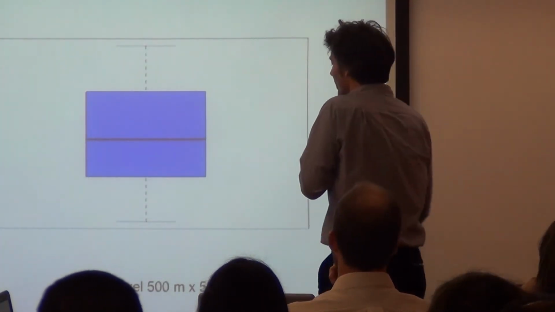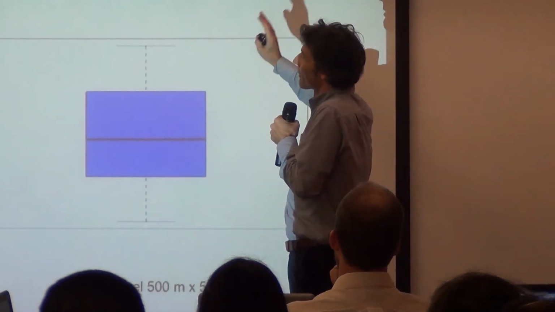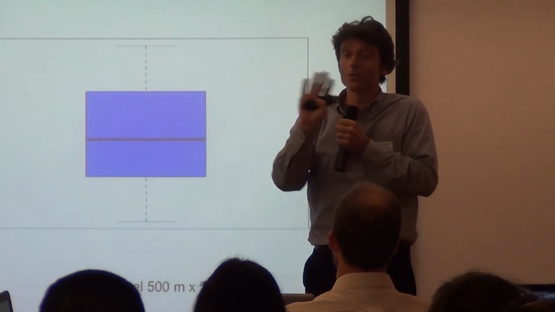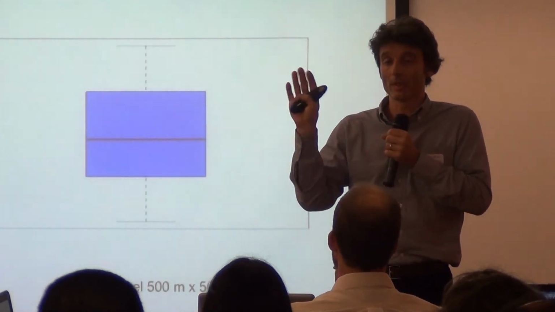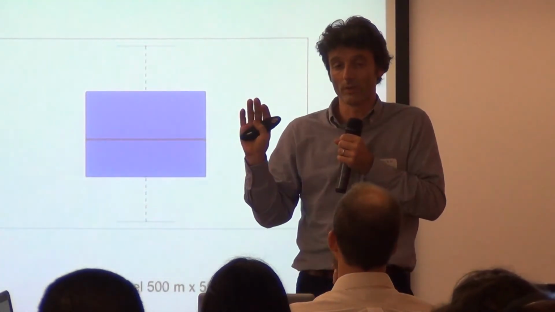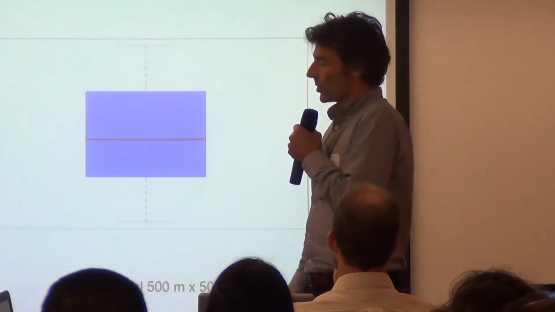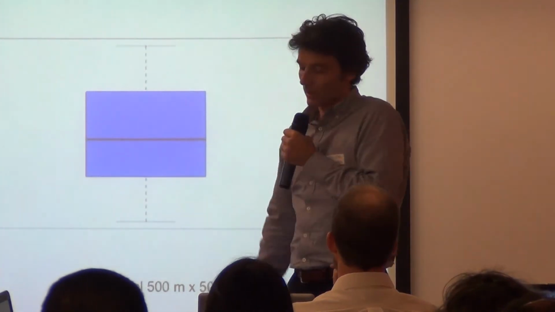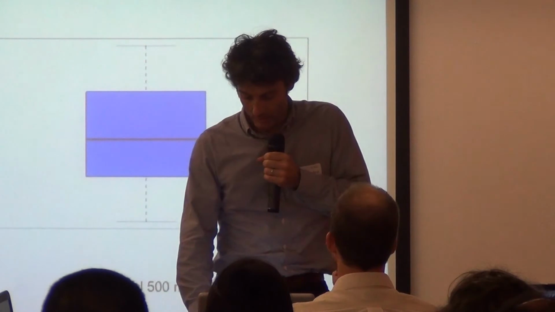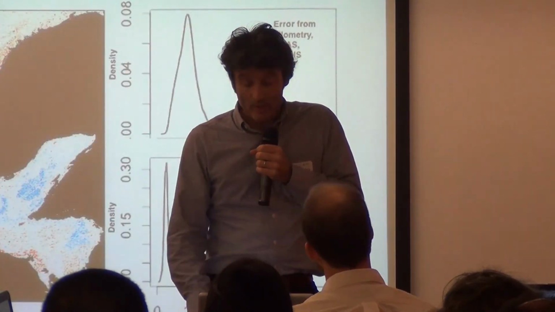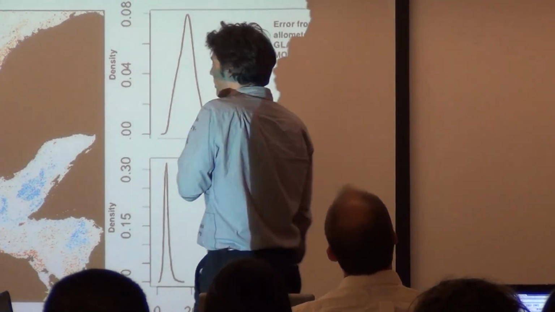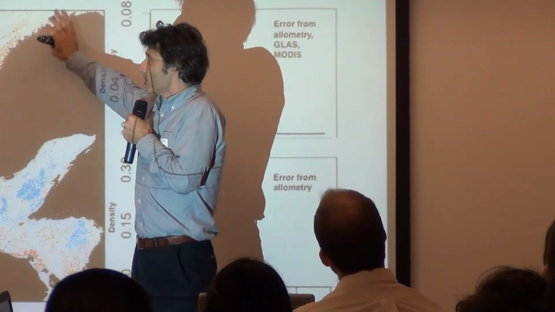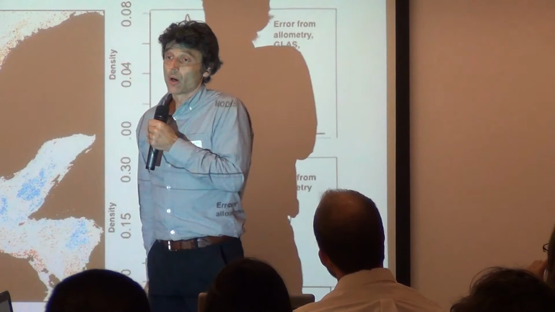And we can see here, taking a random pixel of MODIS where you don't have any GLAS data. This is just a location, a pixel where there is no information on the biomass. So you can estimate what the uncertainty is. Now you do that for all the pixels in the map, and you come up with the spatial distribution of the error.